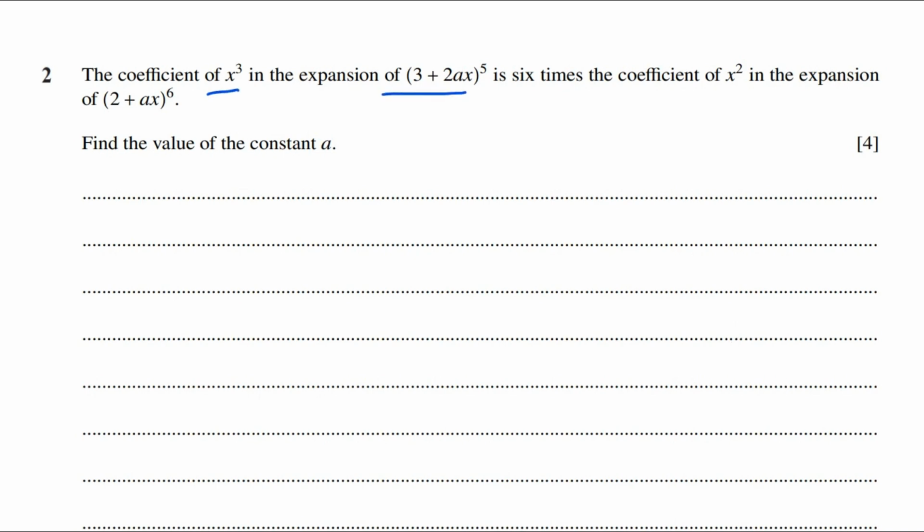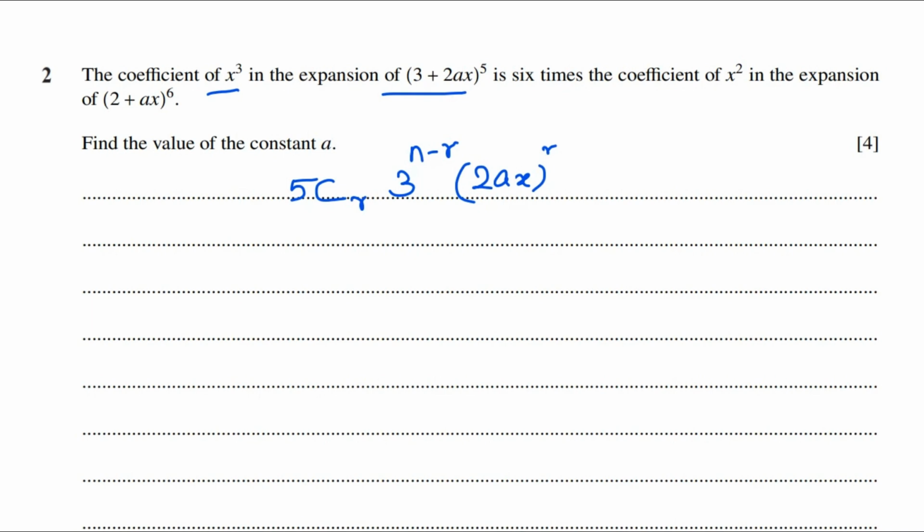To find the coefficient of x cubed, let's first write the rth term. What is the rth term here? For this expansion, it is 5Cr 3^(n-r) multiplied by (2ax)^r. We need to get the coefficient of x cubed.